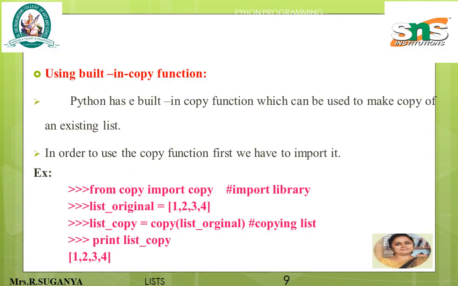Python has a built-in copy function which can be used to make a copy of an existing list. To use the copy function, first we have to import it, using from copy import copy, that is, from the particular file we import the library. Then the list copy is a variable name, and we copy the original list into it.